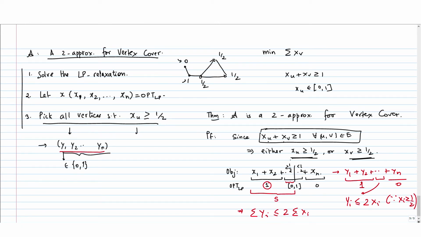For those for which the LP gave value 1, we also gave value 1. For those for which the LP gave value at least half, we at most double to get a value 1. For everything else, we just set a value 0. So, there we get a 2 approximation. This is at most 2 times opt LP, which is at most 2 times the optimal solution. So, we use the linear program to get a fractional solution to the integer program.